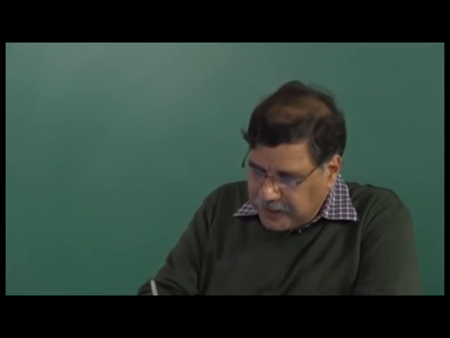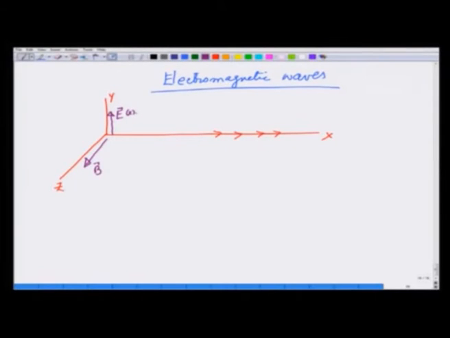So, let us say E is at x, and as you go a little farther out, E changes to E at x plus delta x. E is in the y direction. Similarly, B is in the z direction. So, let us put B z here, and as you go a little farther out, it changes to B z at x plus delta x, and it also is changing with time.